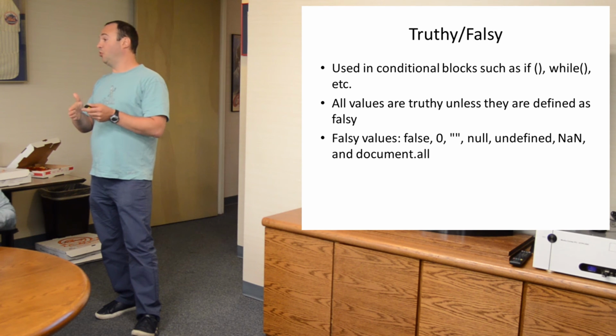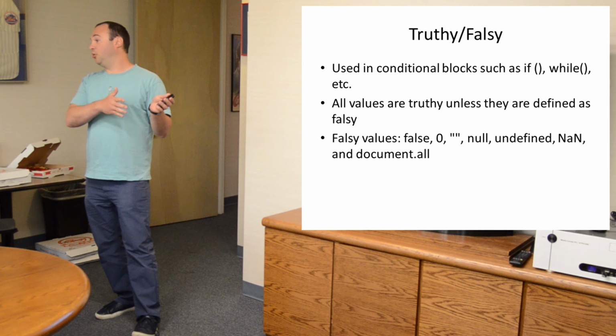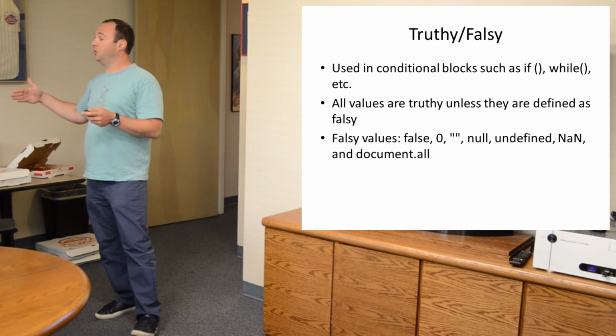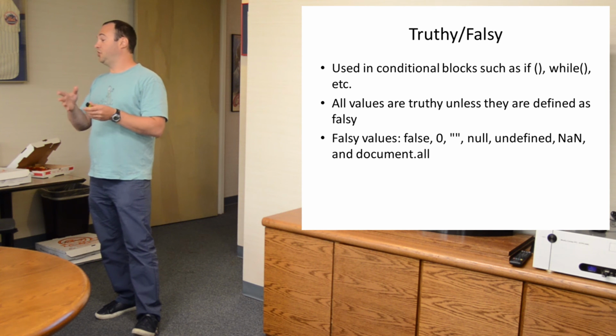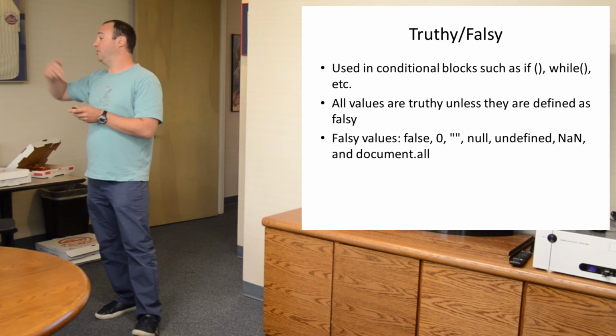So if you have a number of expressions combined using an OR, the first one that evaluates to true is assigned to the variable. With an AND, it's actually the last one. So if you're assigning an expression with a number of ANDs in it, the last one that is true is assigned to the variable.